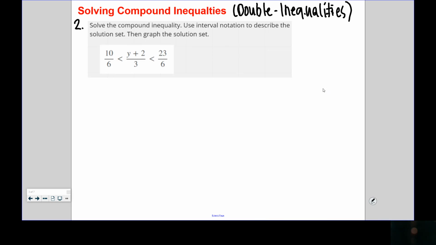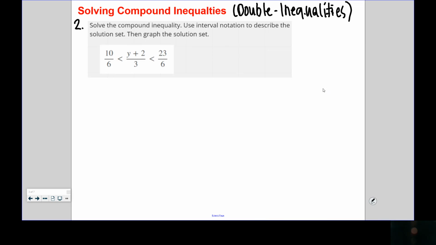I'll show you the first way, just getting rid of the fraction in the middle and then working our way out. And then if you want to, I can show you the alternative method of getting rid of the fractions altogether. All right, so let's get started.